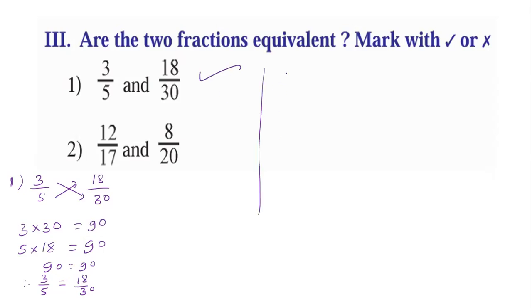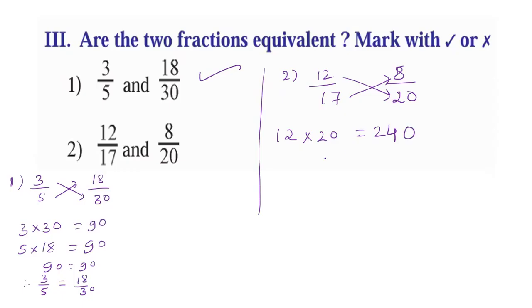Next, the second one, 12 by 17 and 8 by 20. Cross multiply. 12 into 20: 12 times 2 is 24, put 0 as it is, 240. Next, 17 times 8 is 136.